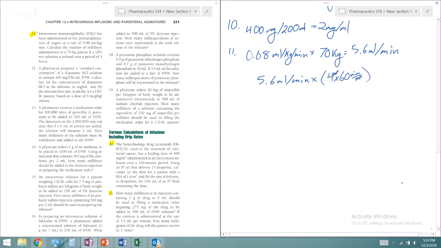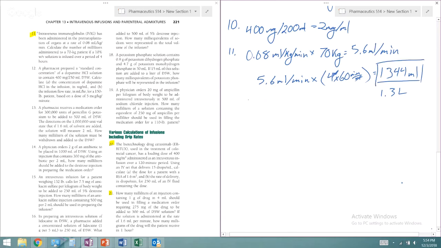So then those cancel out, and you have just 1344 mL, or 1.3 liters, basically. And that's all they want. They just want to know the amount of milliliters for this question.